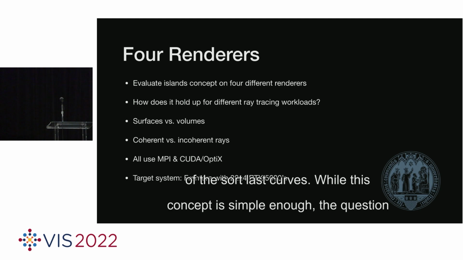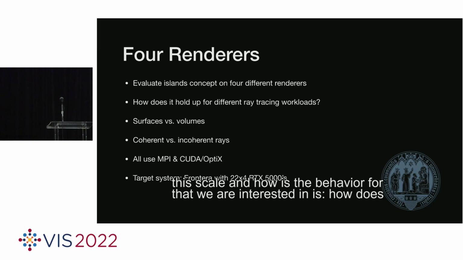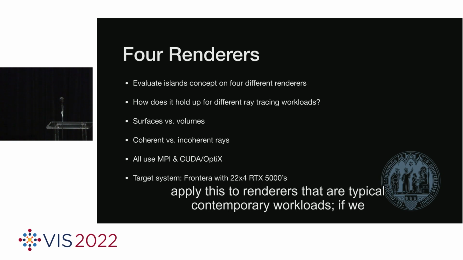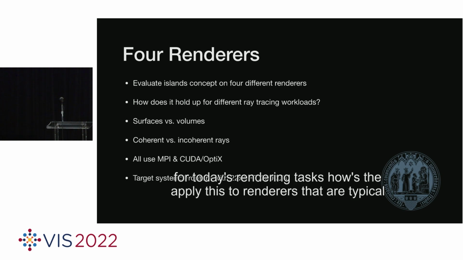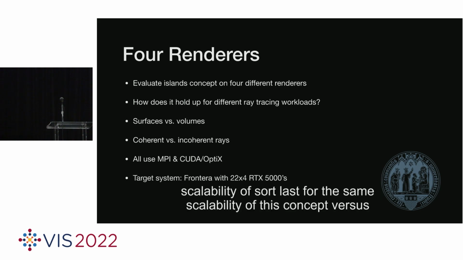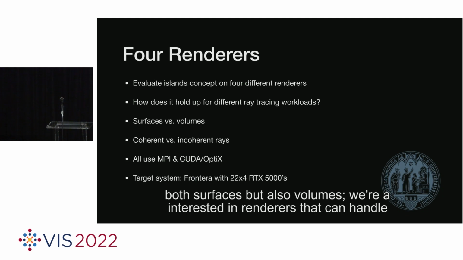While this concept is simple enough, the question that we are interested in is how does this scale and how is the behavior for contemporary workloads? If we apply this to renderers that are typical for today's rendering tasks, how is the scalability of this concept versus the scalability of sort last for the same type of renderer? We are generally interested in renderers that can handle both surfaces and volumes.